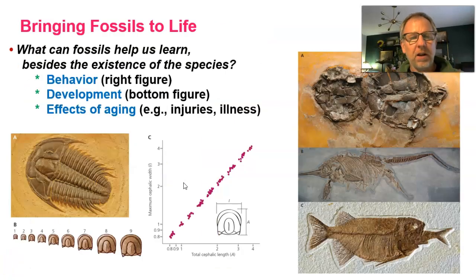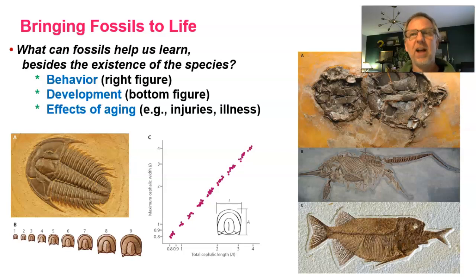So here we can see that fossils are not just showing us what kinds of life forms existed in the past. I mean, clearly that's a major goal, to know that information. But we can learn a lot about the biology of past life forms based on the remnants that have been left behind.